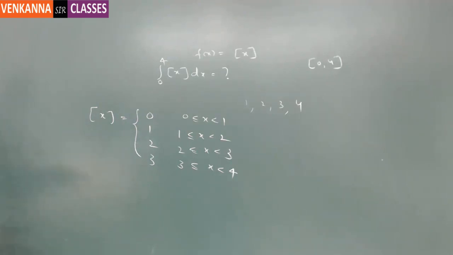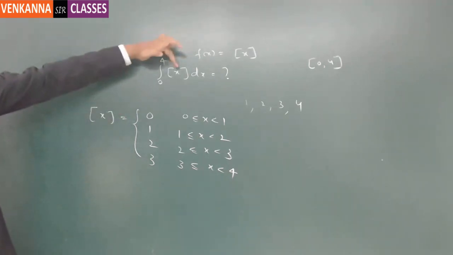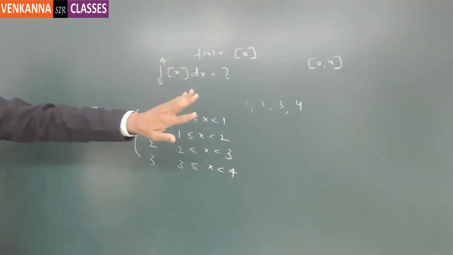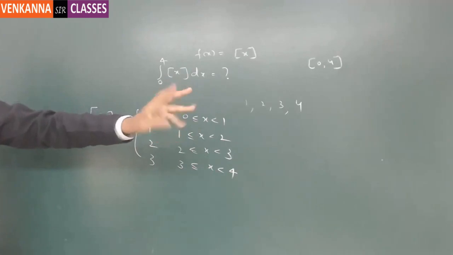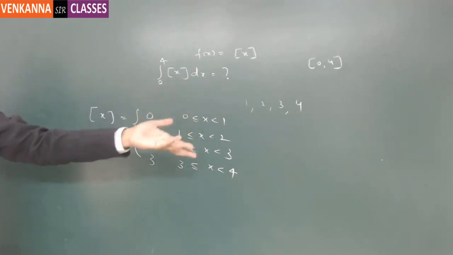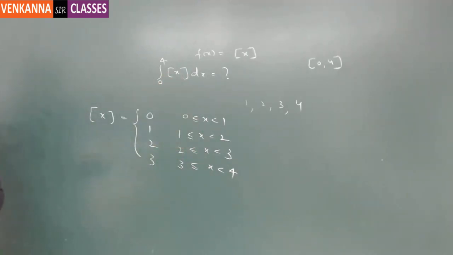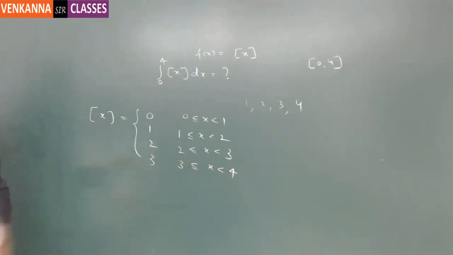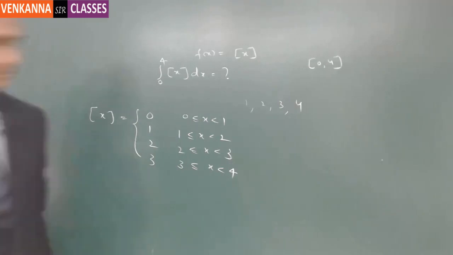Right. So in the solution part, how do we mention it? Since the integer part of x has a finite number of discontinuities 1, 2, 3, 4, it is Riemann integrable by a known result, and the function value is nothing but 0, 1, 2, 3 under these segments. Now straight away we will integrate.